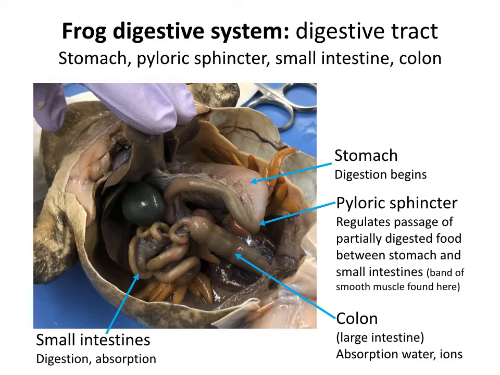The frog's absorbing nutrients into its bloodstream until eventually the small intestine attaches to the large intestine, here what's called the colon. Theirs is relatively short, and the colon absorbs water back from the digested food, and it sort of compacts it into fecal matter, which can be stored and then expelled. Just like the reproductive structures we just talked about, the colon empties into the cloaca.